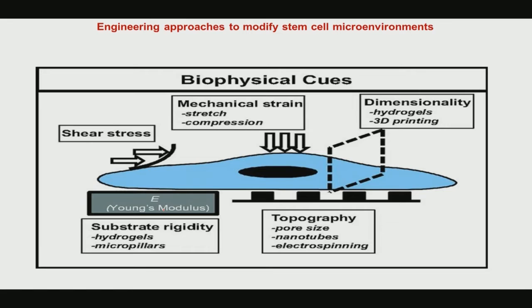Now, biophysical cues essentially means that you have certain cues, a combination of biological origin as well as physical cues. I have shown some specific examples here. One is that you can allow the stem cells to grow on a specific biomaterial substrate.